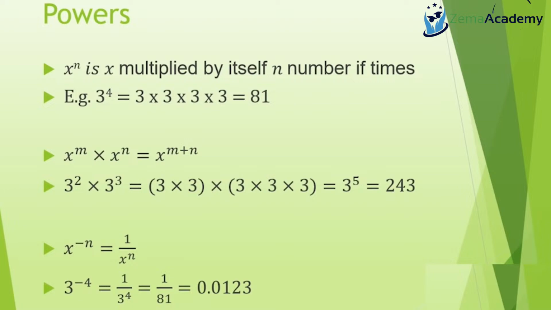Now again, we've got an example here, just to show that that's true. 3 squared, 3 to the power of 2, multiplied by 3 to the power of 3 is the same as saying 3 to the power of 5, so that's 3 times 3 times 3 times 3 times 3, which is 243. And you can check that out yourselves just to check it.